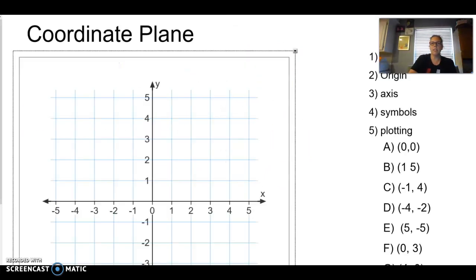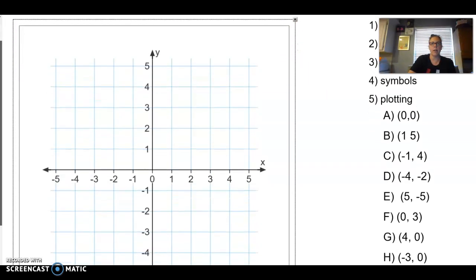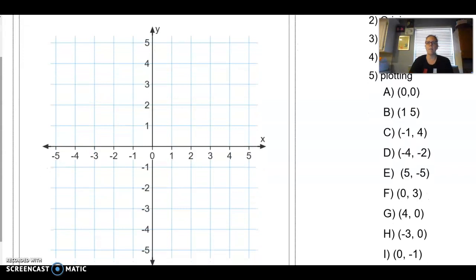So on your piece of paper, I want you to graph this coordinate grid right here. So from 0 to 5, 0 to -5, 0 to 5 up, and 0 to -5. Pause it if you need to, okay? Pause it so you can then catch up here in a second.